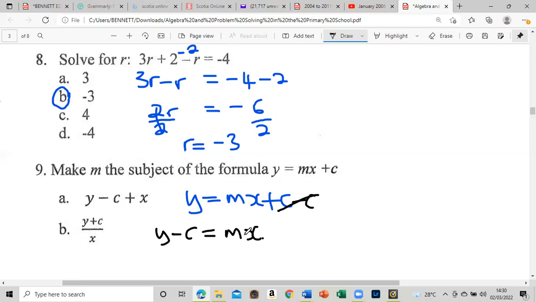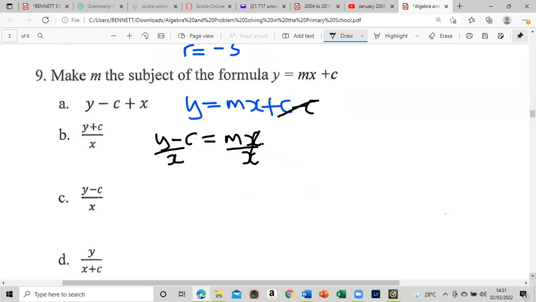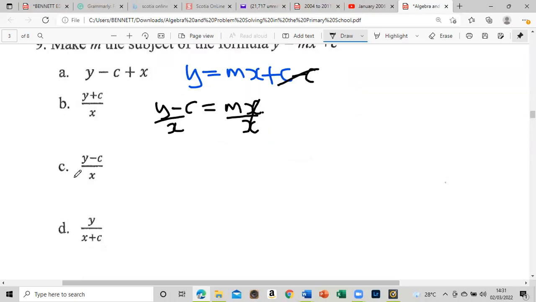All right. So that's divide. So divide by x. What we do to one side, we do to both sides. So however, just look for the option. So m is equal to y minus c over x. And there we go. C will be our answer.